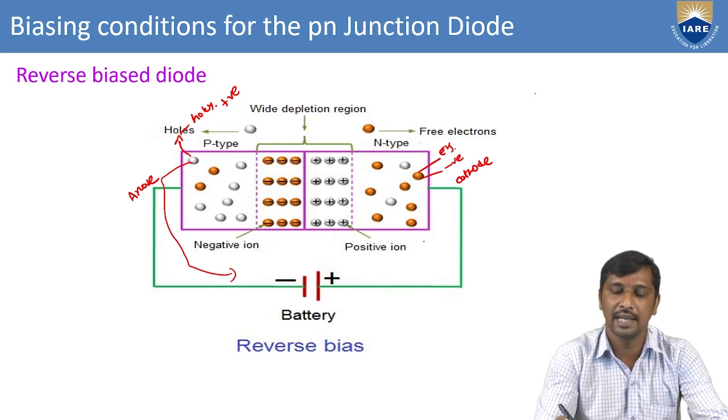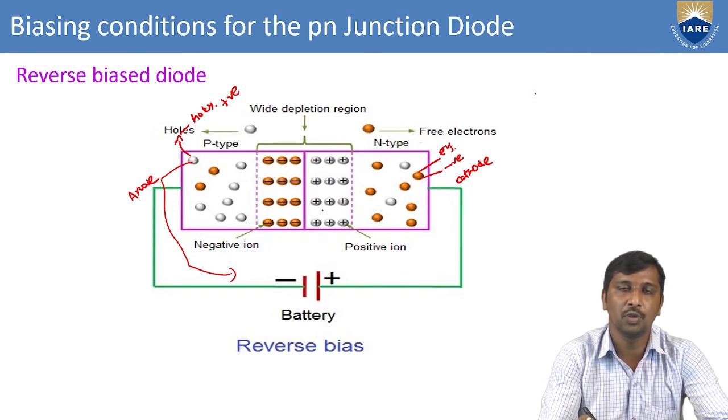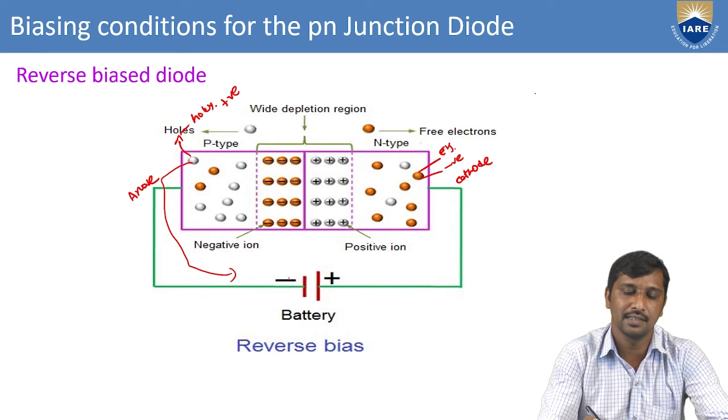Due to this opposite energy, these electrons are again attracted towards the battery. So due to this biasing condition, the majority charge carriers do not diffuse from one region to the other region, but they diffuse towards the battery. That is the reason.